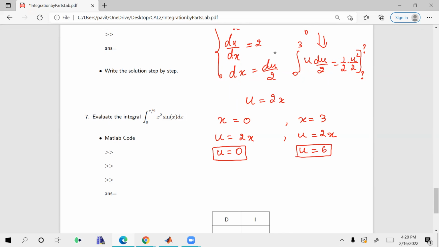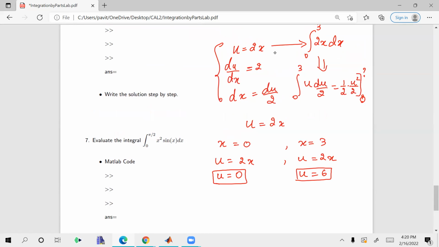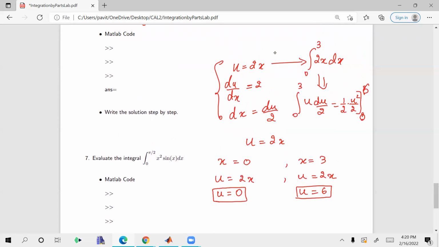So the limits are 0 to 6. This is how you apply limits whenever you use u substitution. Okay, I'll just erase this. This was just an example. We will see how to do this in the problem here.